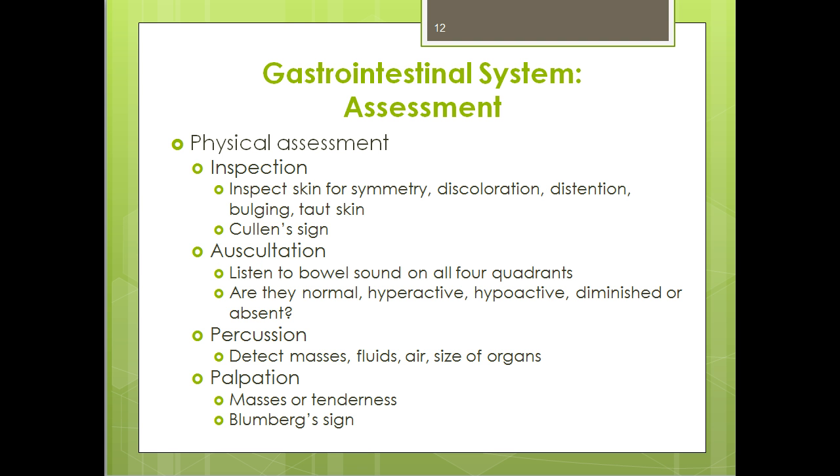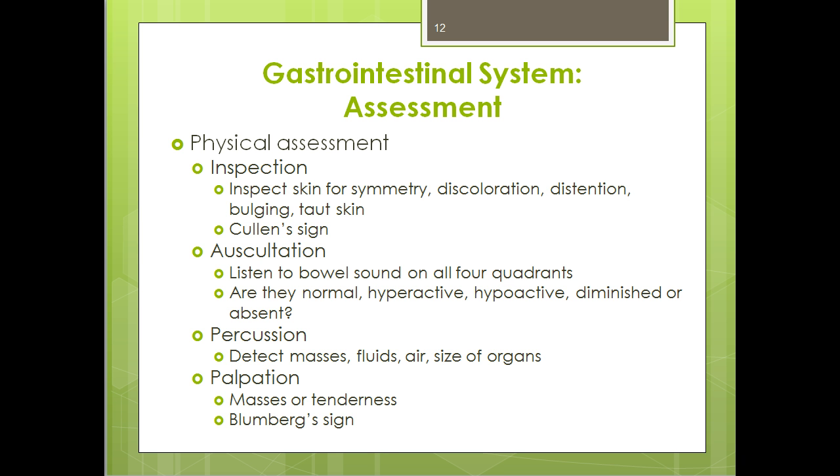Okay, then you're going to do inspection. You're going to inspect the skin for symmetry, discoloration, distension, bulging, and that type of thing. You're going to watch for the presence of ecchymosis around the umbilicus. As we talked about with skin, y'all know what ecchymosis is.